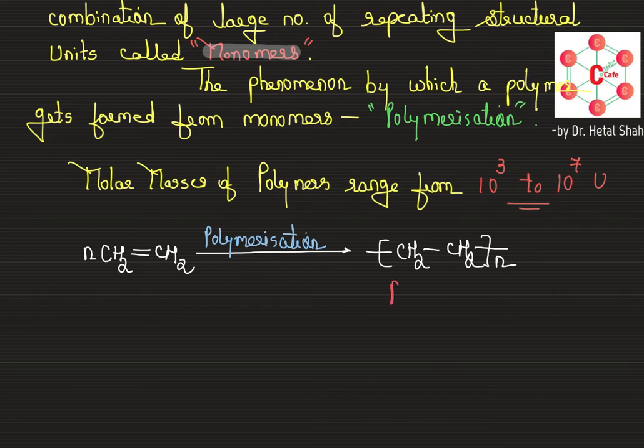So this is polyethene, and this is ethene, right? You can see that here only one type of monomer forms the polymer. So when only one type of monomer forms the polymer, we call this a homopolymer.